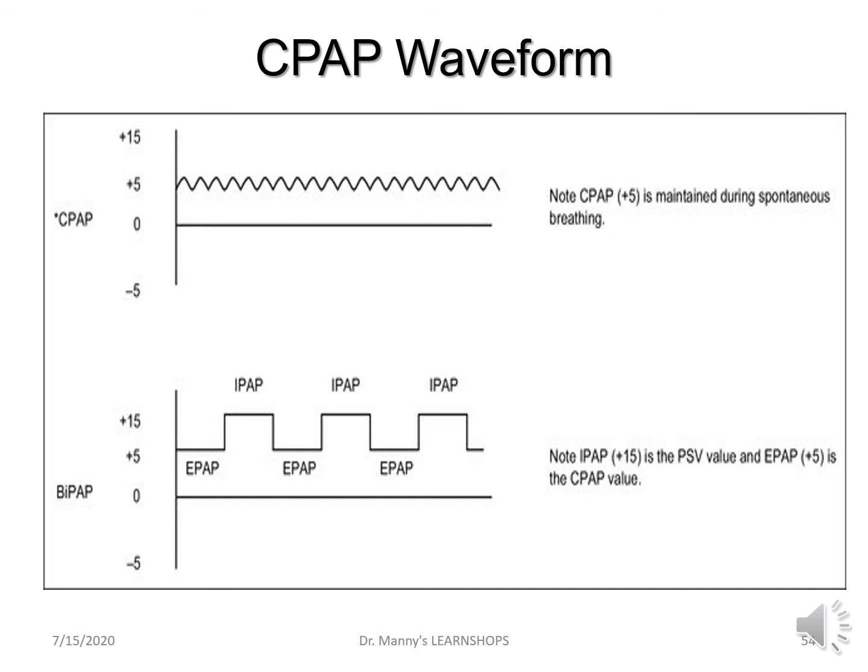But IPAP is typically higher than EPAP. CPAP is the same pressure. Indicated in that waveform above that we're looking at now, CPAP is 5 centimeters of water, IPAP is 15 centimeters of water, EPAP is 5 centimeters of water.